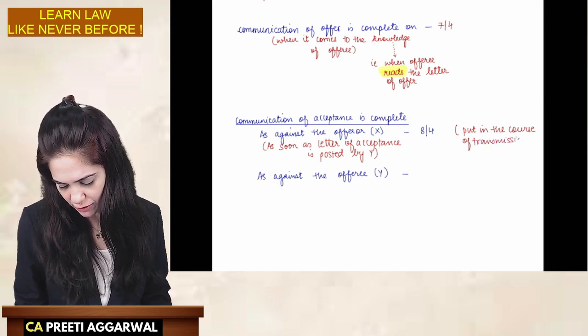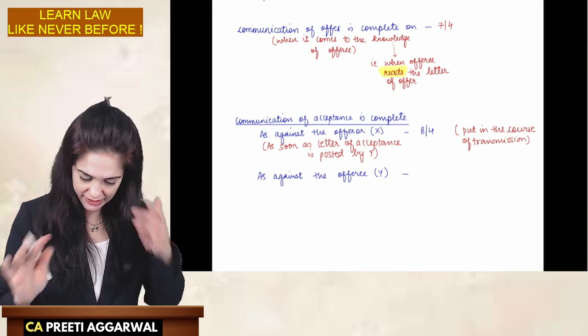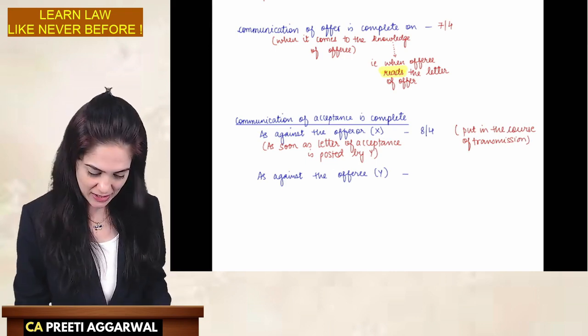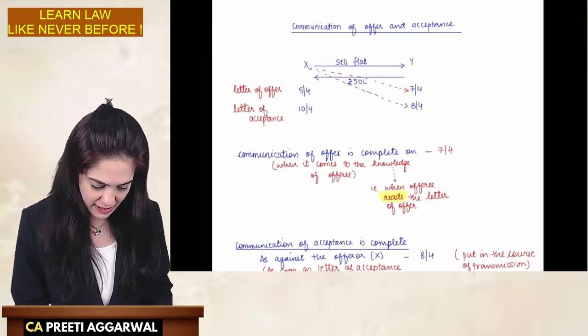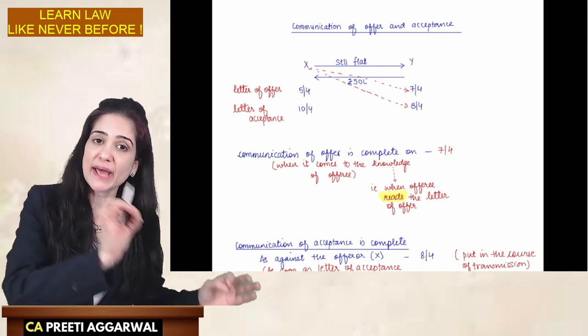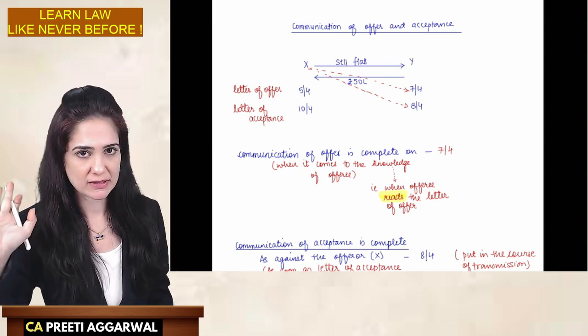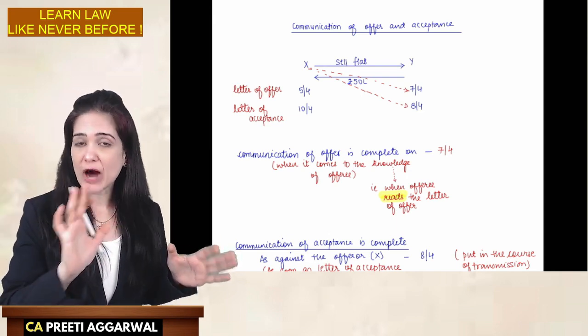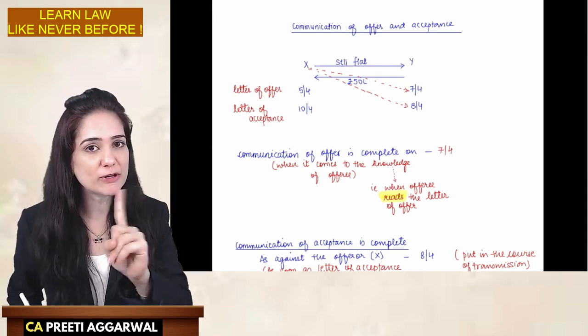It is put in the course of transit. It is posted. Wait, it will reach you in some time. Now, for X, the offer is accepted on 8th. It means for X, the contract is made on 8th. X, you are now bound by the contract. Don't give that offer to someone else.